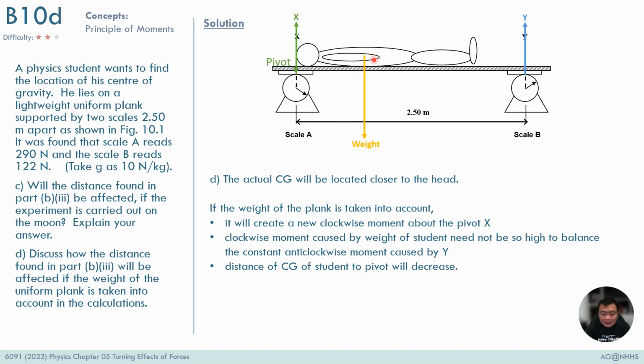Therefore, this moment caused by the downward weight of the student will decrease. And the only way for the clockwise moment caused by the student to decrease is for the perpendicular distance to decrease. That is the reason why, if the plank is of sizable mass or weight, the CG of the person will be closer to the head.